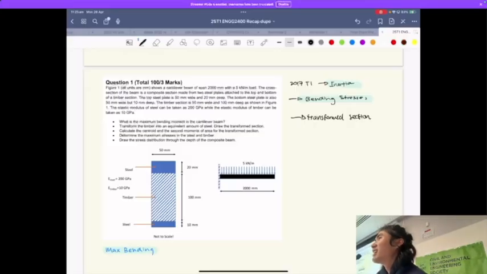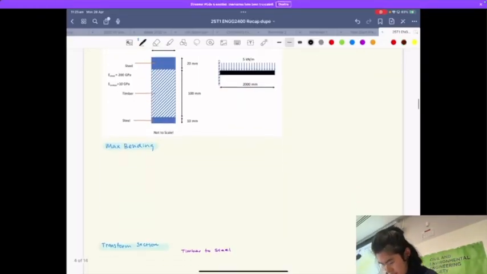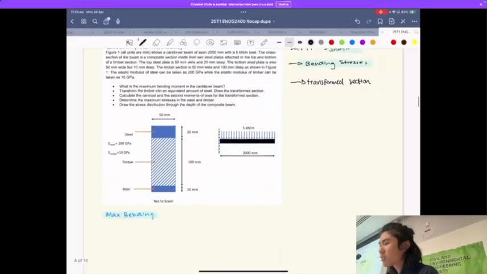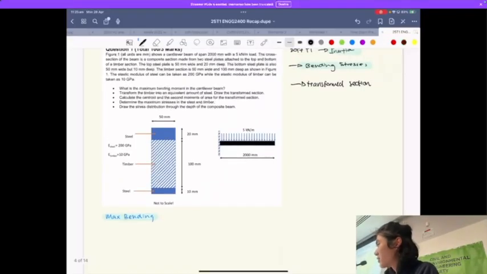So essentially, are you guys confident with transforming sections? Okay, so I'll just run through it first. So basically, the steps to do this are pretty much right in front of you. This is going to be step 1, step 2, step 3, step 4, and step 5.